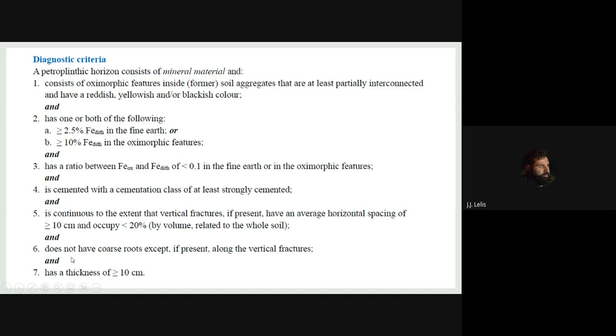So the petroplinthic horizon, like the plinthic horizon, has a lot of iron, but in this case, this iron cements all the coarse and fine materials, and we don't have a lot of voids.